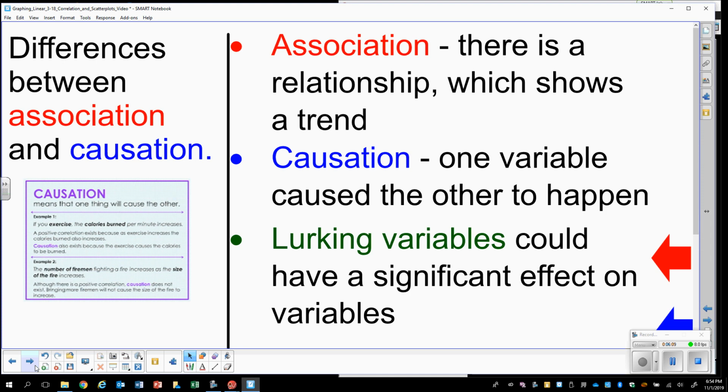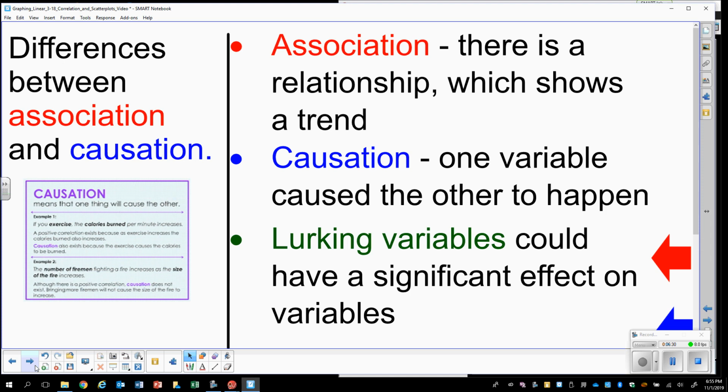So for example, because I cut the paper with scissors, now the paper is in two pieces. So there is a causation there. Versus the grade that we earned and the hours that you studied, where we just see a relationship.